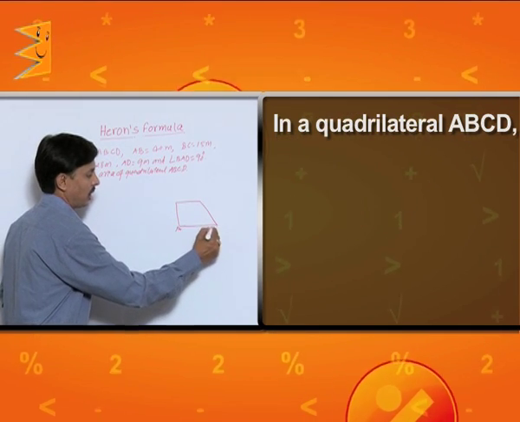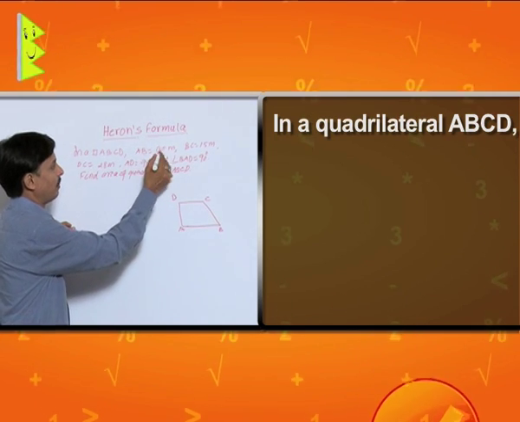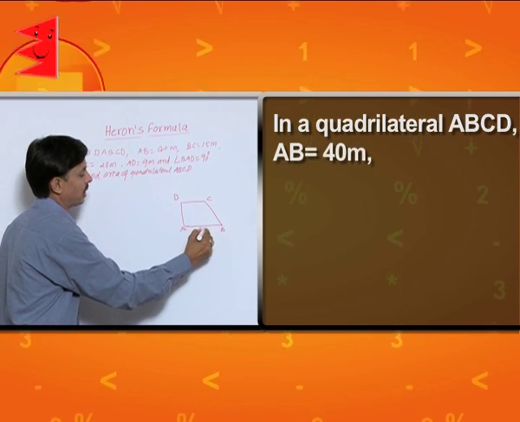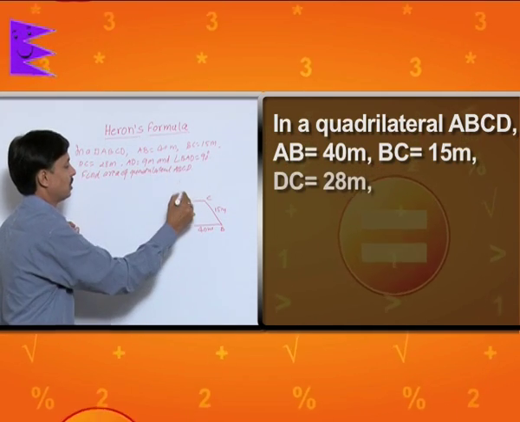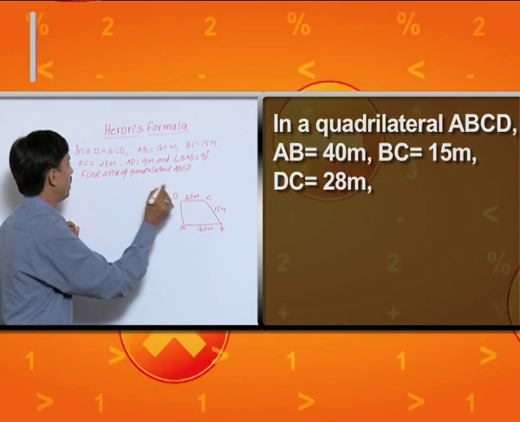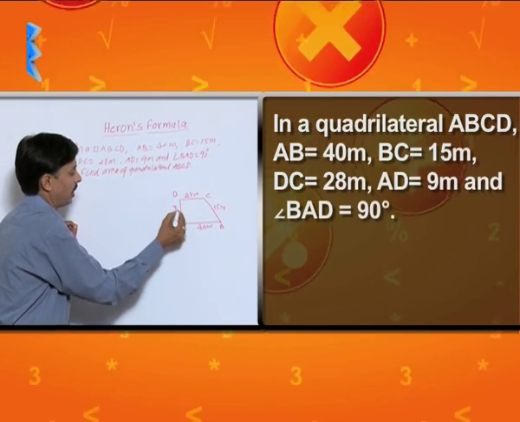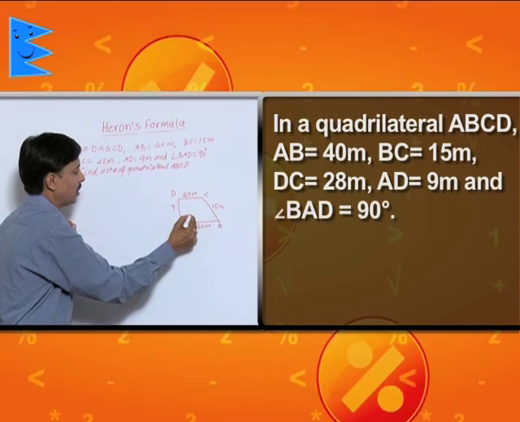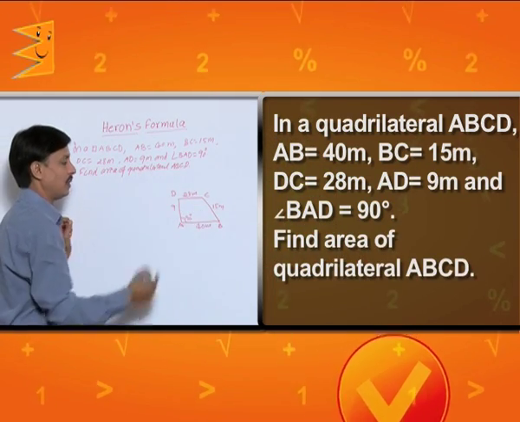In a quadrilateral ABCD, AB is 40 meter, BC is 15 meter, CD is 28 meter, AD is 9 meter and angle BAD is 90 degree. Find the area of quadrilateral ABCD.